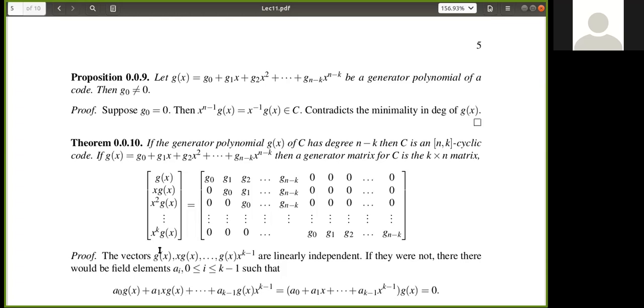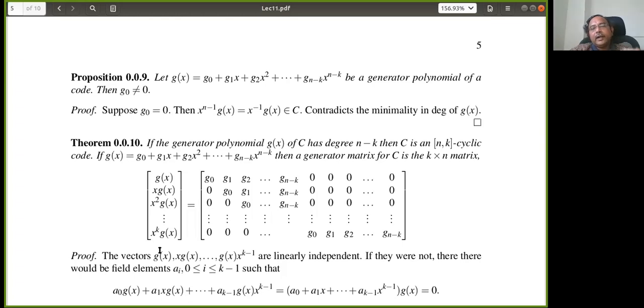So I agree with you that I made a mistake. Below G1 comes G0, below G2 comes G1. So below Gn minus k, what should come? Gn minus k minus 1 should come, mine is wrong, and then Gn minus k. Yeah, so that I will correct. Okay, Karnika? Yes, sir. Okay, and thanks for correcting that part.